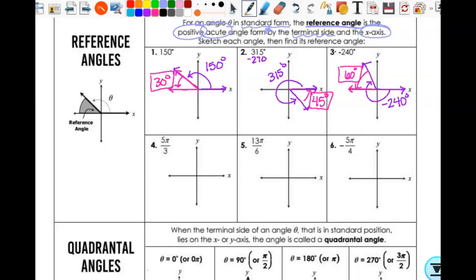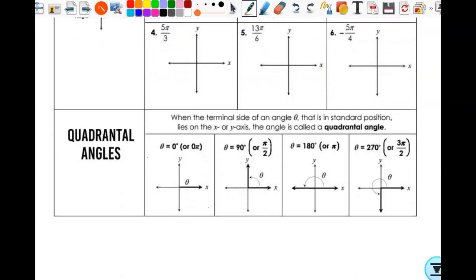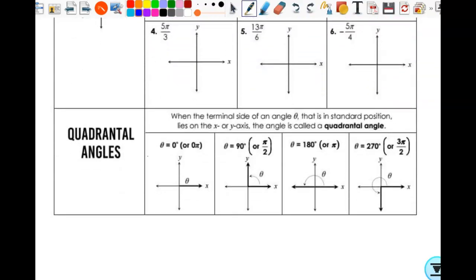All right. So we're going to do the same thing with radians. I'm going to give you some basic angles that we need to know. We should know now, of course, that 0 is 0. Pi sixths is 30 degrees.